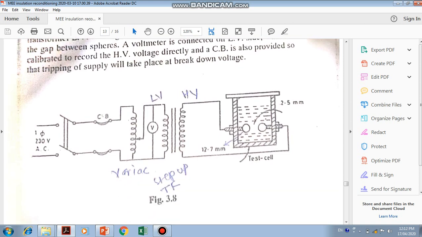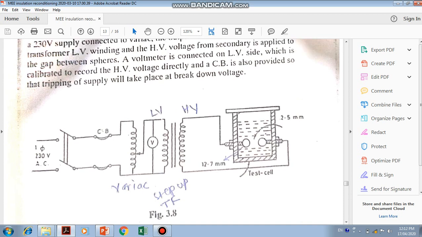Now, how to conduct this test? We collect the sample of oil from the bottom of the transformer by the drain cock in a clean glass or clean tube. The glass where we collect the transformer oil should be very clean, not having any dust and dirt particles, and not having any moisture or water.